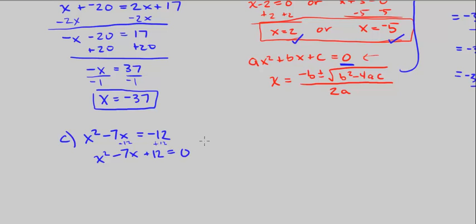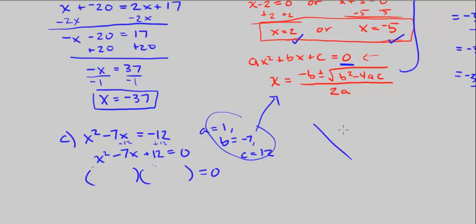So this gives us a equals, what's in front of the x squared? 1. b equals negative 7. And c equals 12. So we can plug those into our quadratic formula, and that's one way of doing this. Another way is, again, factoring, right?